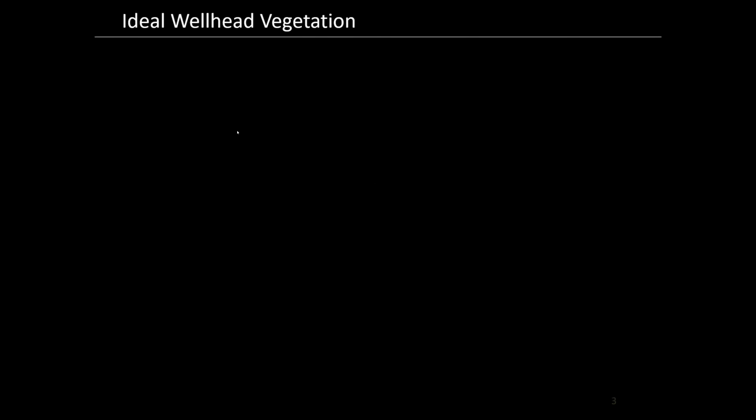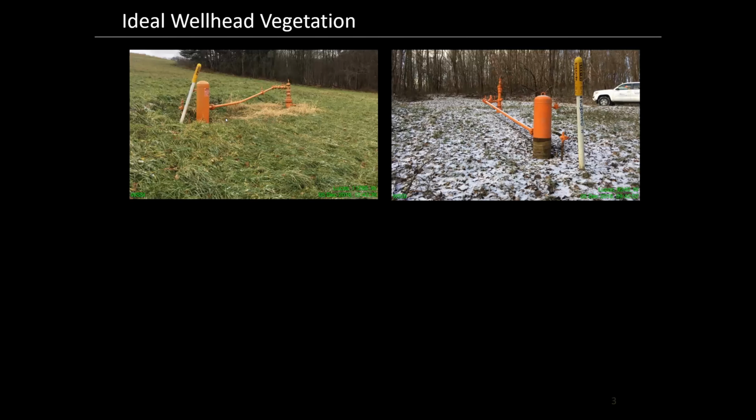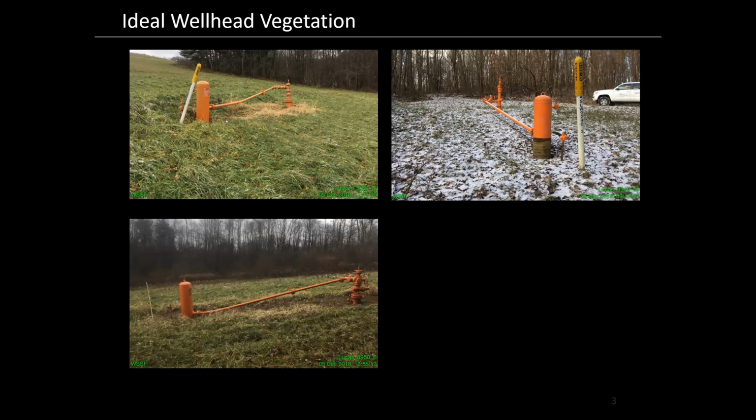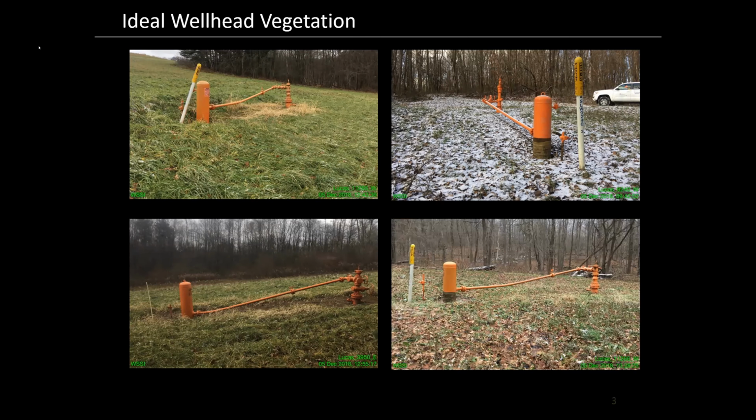To give you an idea of what the wellheads look like and what vegetation surrounds an ideal wellhead, I have a couple of photos taken from the actual well field that the study is based on. All 4 of these photos show clear vegetation surrounding the wellhead. The area surrounding the wellhead that we're concerned with is 60 feet, kind of the magic number.